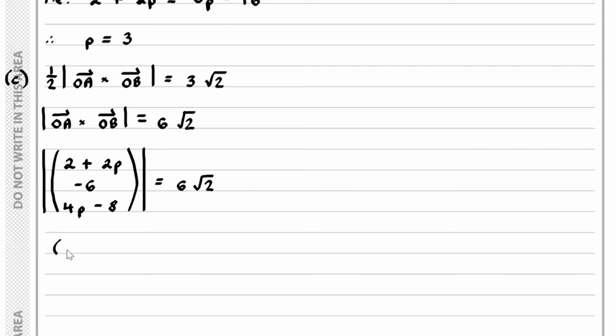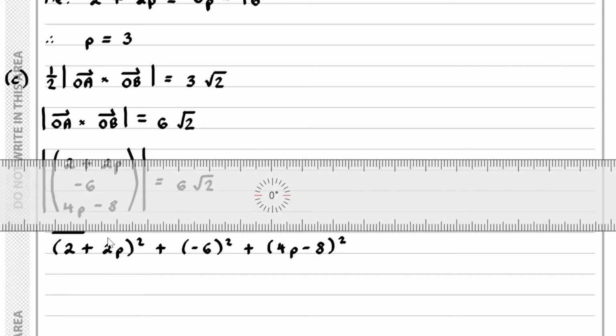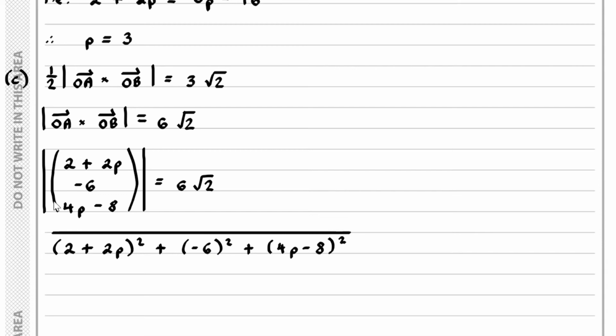We would have 2 plus 2p squared plus minus 6 squared plus 4p minus 8 squared, square rooted. This is equal to 6 times the square root of 2.